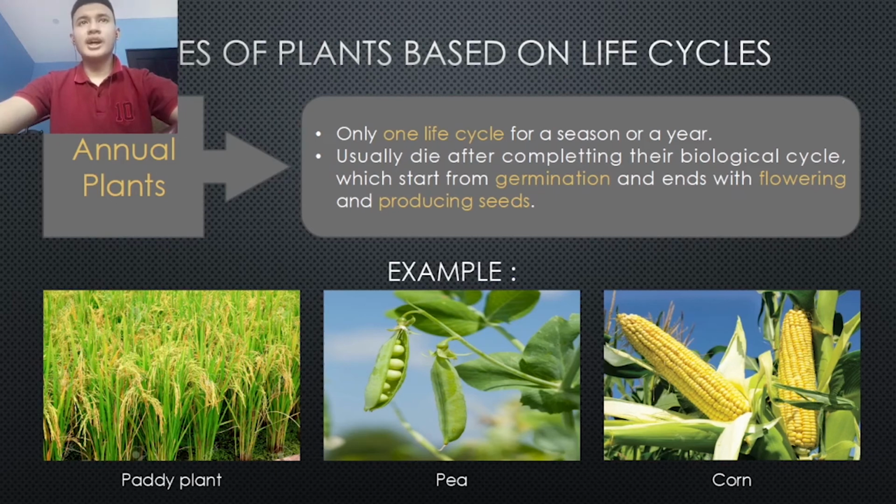They usually die after completing their biological cycle, which starts from germination and ends with flowering and producing seeds. Examples of annual plants are paddy plants, pea, and corn.